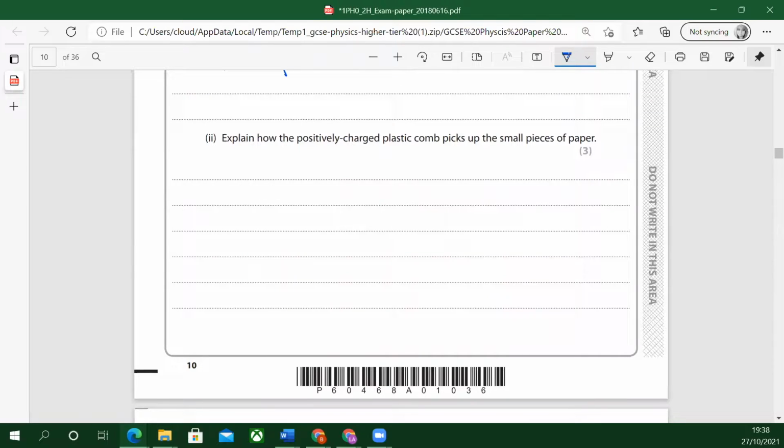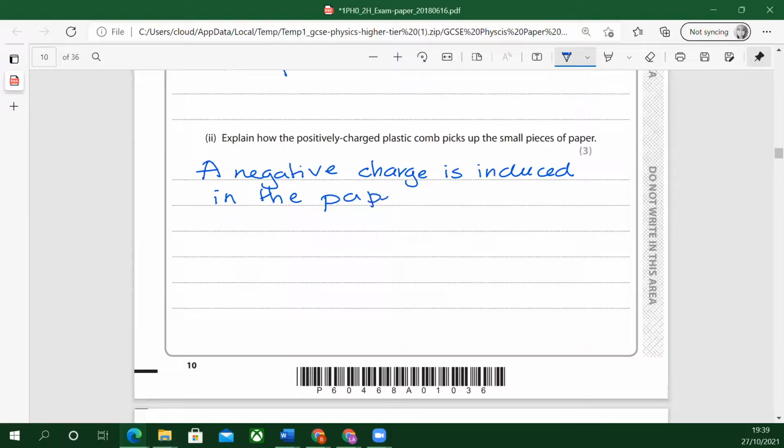Explain how the positively charged plastic comb picks up small pieces of paper. Okay, so a negative charge is induced in the paper closest to the comb.